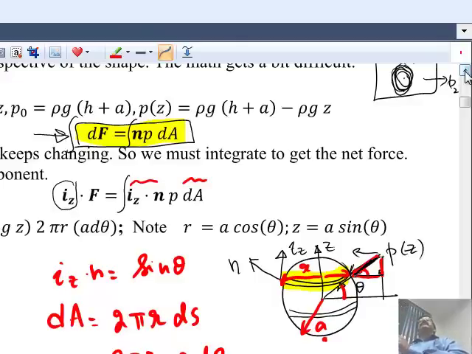If it is negative, it would mean that it is pointing in the negative z direction. But it will carry the same sign as the component of n in the vertical direction. So the vertical force on the top surface is going to be pointing down, but on the bottom surface it is going to be pointing up. On the bottom surface, on average, the pressure is higher. So the net force is going to be pointing upwards.